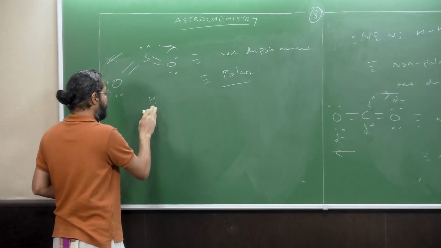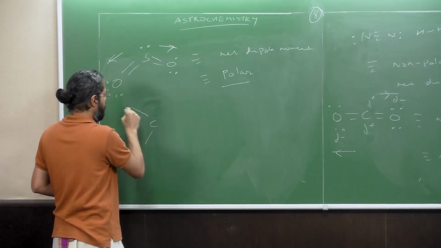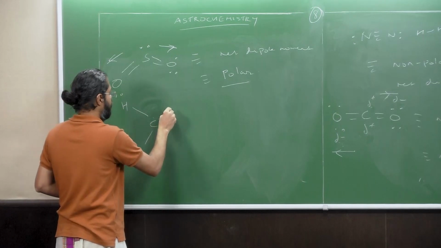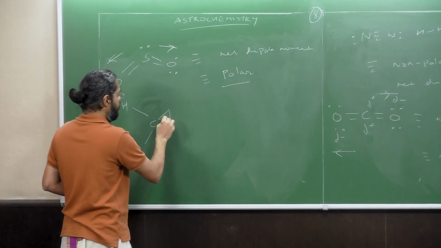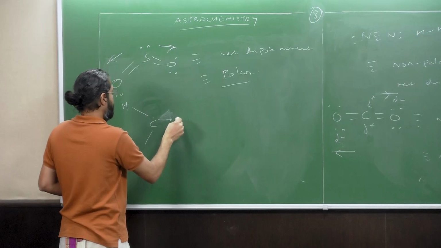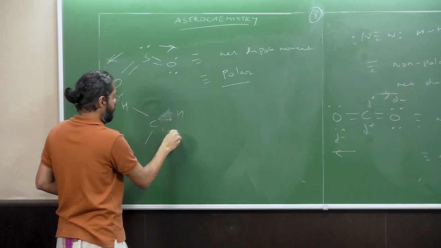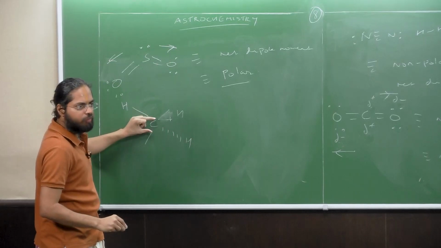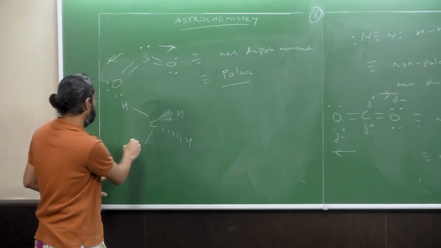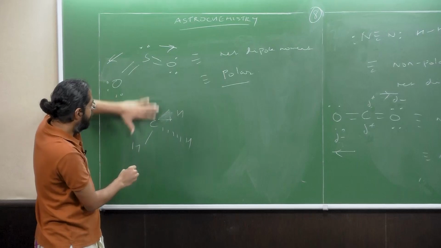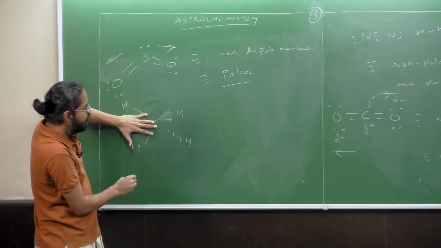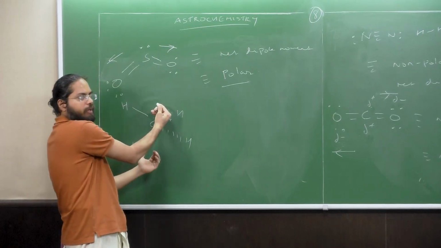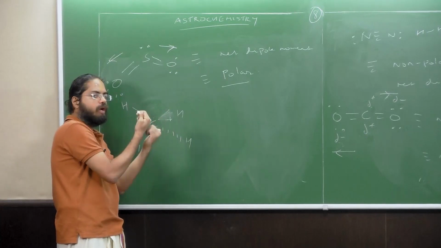If you consider carbon to be in the middle of a tetrahedron, and this CH2 to be in one plane, coming in the plane of the board, and this hydrogen to be coming towards us, and the other hydrogen to be going away from us.